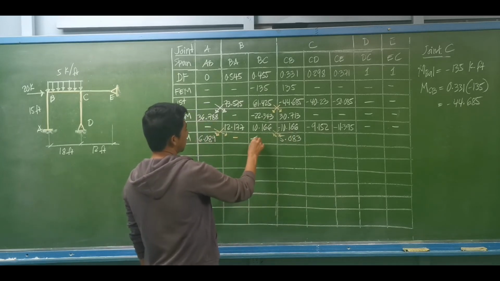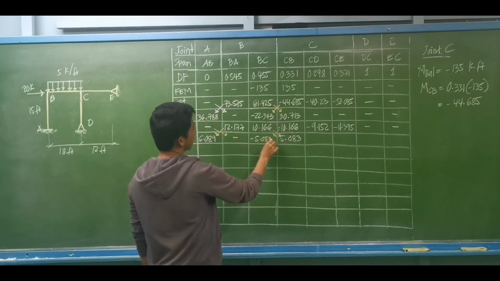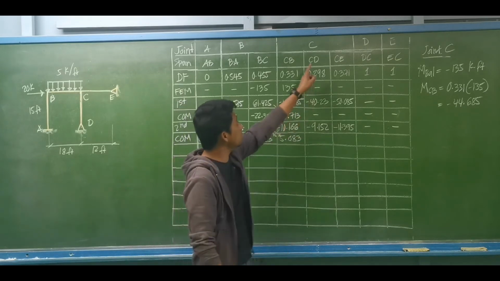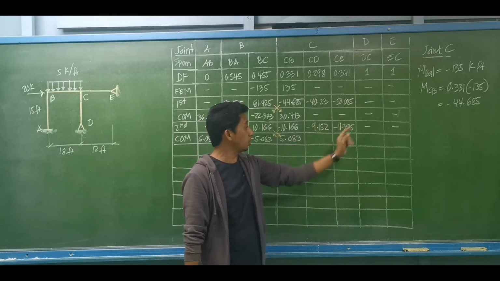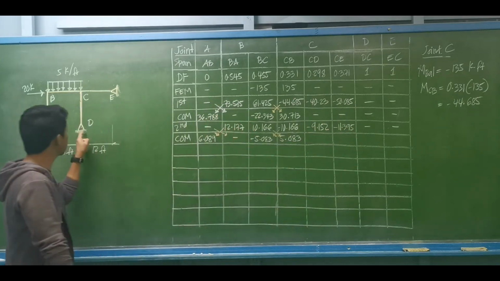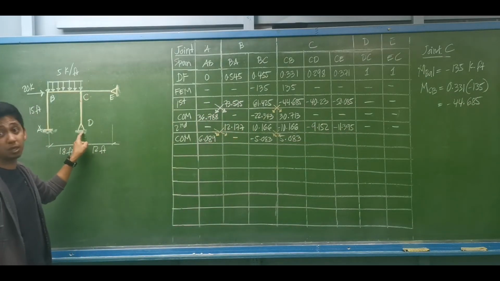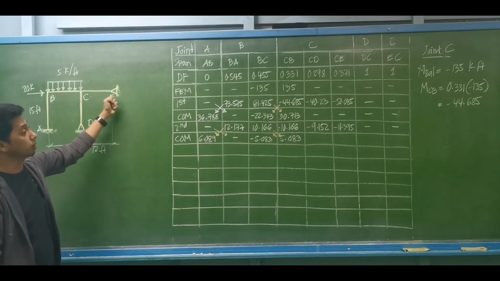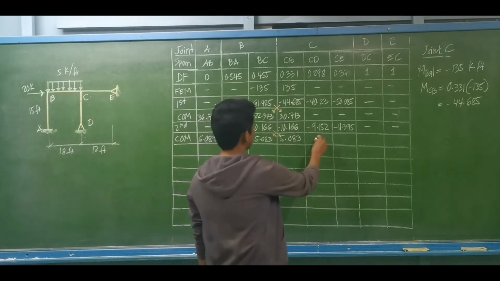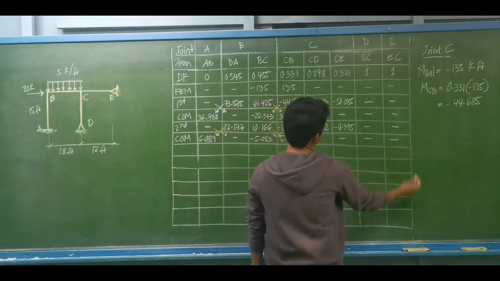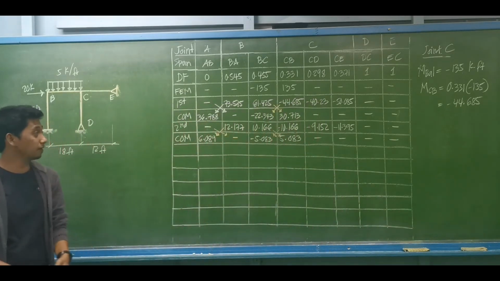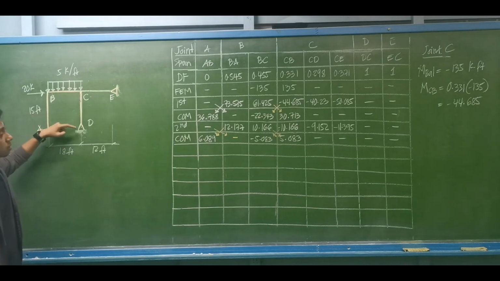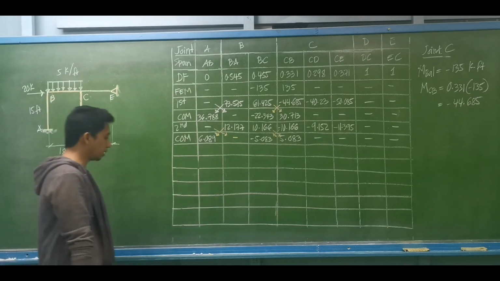It will be negative 5.083. Then again, for CD, that is assumed to be a fixed support, not to be carried over on the other end, DC. At support DC, that is a hinge support, the same with point E. So again, these values are zeros. You cannot carry over a moment from a fixed support to a hinged support. So that will be our carryover moment.